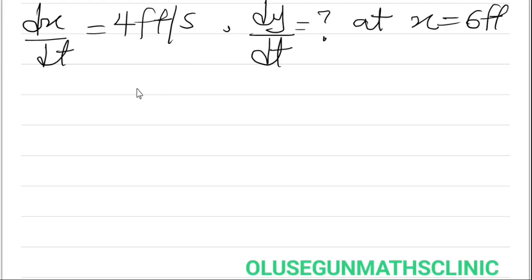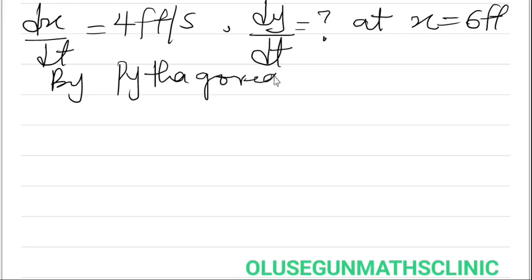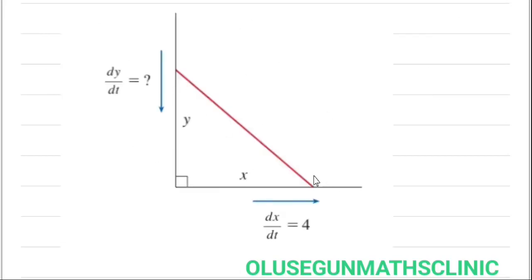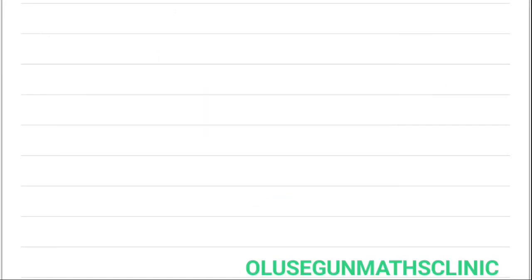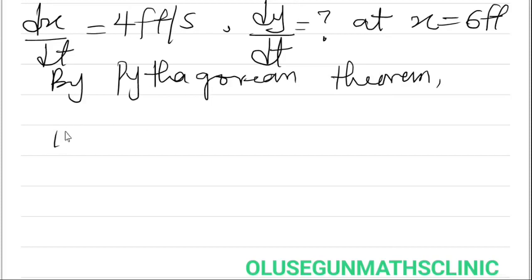So now, by Pythagoras' theorem, you know that the hypotenuse squared, that is 10 squared, is equal to x squared plus y squared.